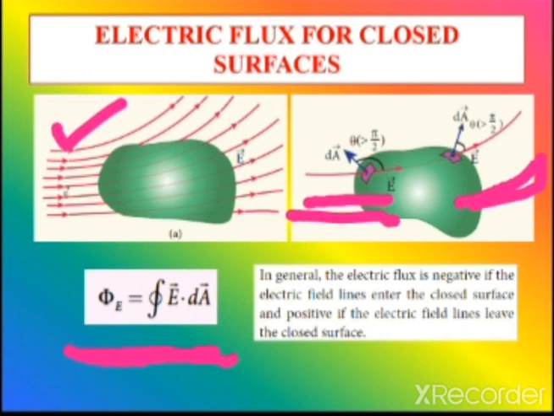Do you understand, students? Therefore, the total electric flux for a closed surface can be written as phi_E equals the closed integral of E vector dot dA vector. Otherwise, it can also be written as the closed integral of E dA cos theta.